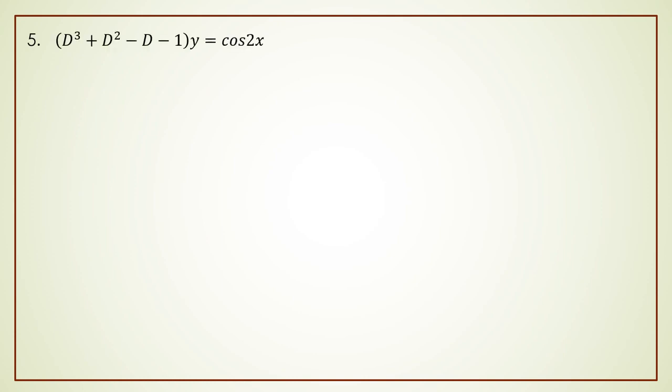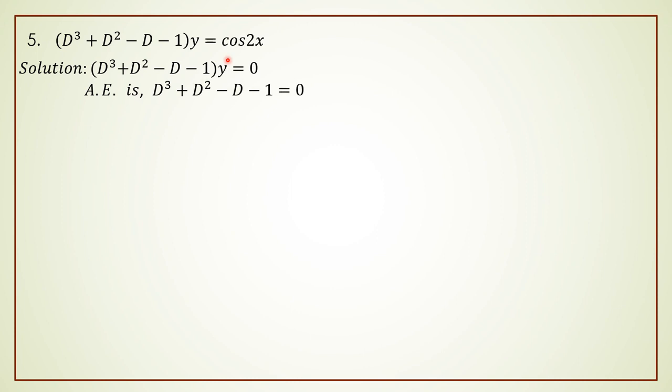Next problem. To solve (D cube plus D square minus D minus 1) y is equal to cos 2x. First write the corresponding homogeneous differential equation and the auxiliary equation. The auxiliary equation is D cube plus D square minus D minus 1 is equal to 0.